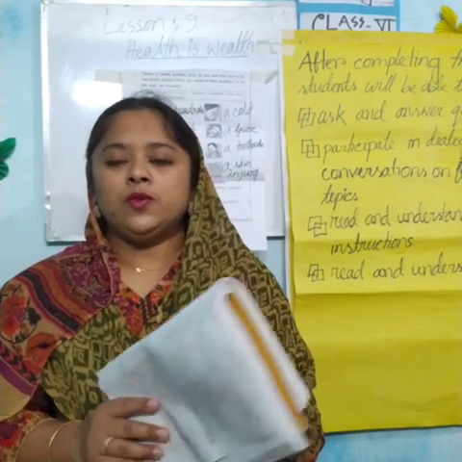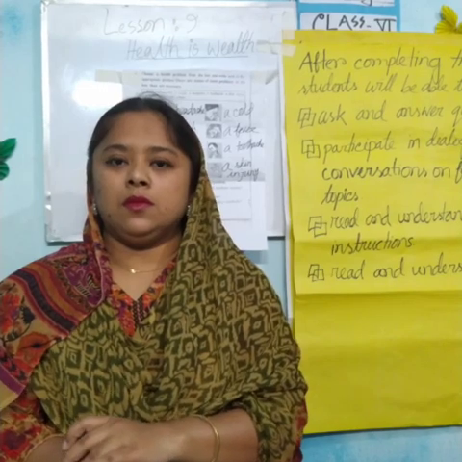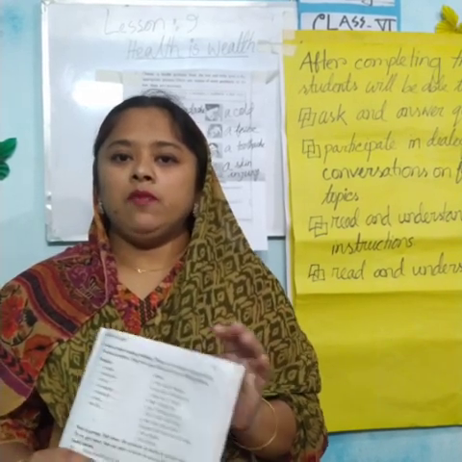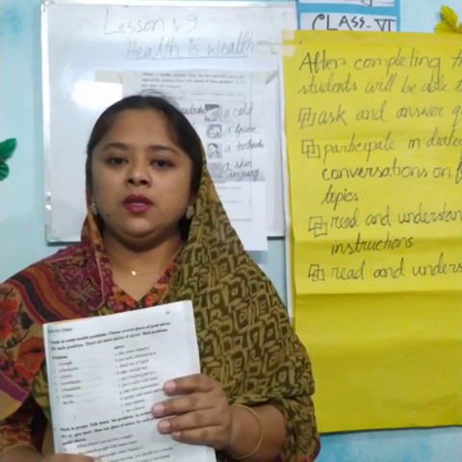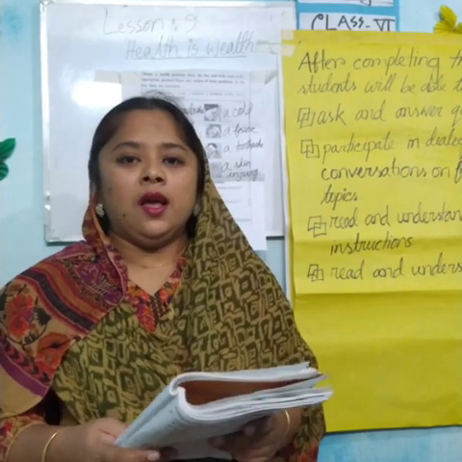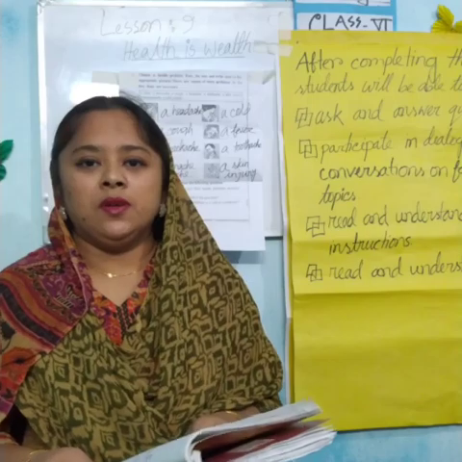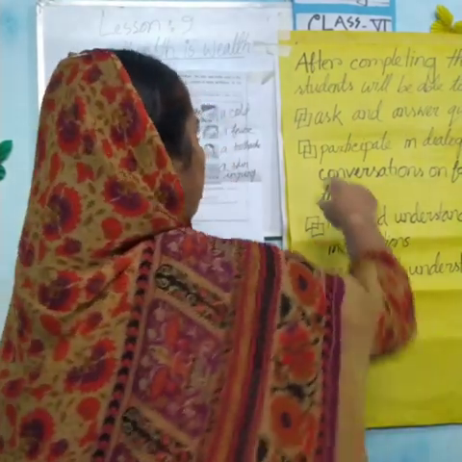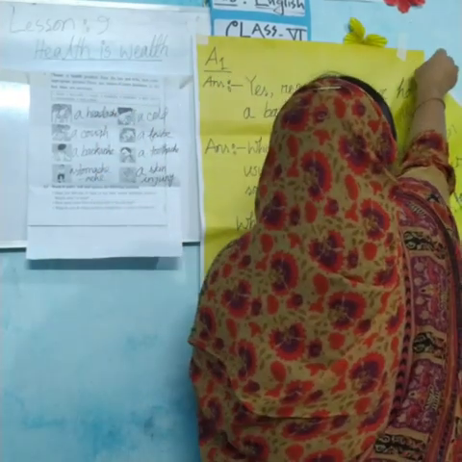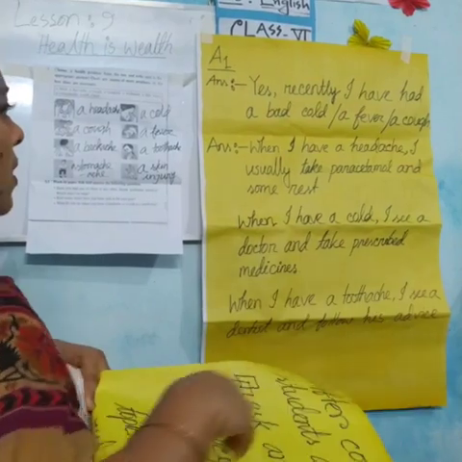So, my dear student, you may complete it with the help of your parents or brothers and sisters. And I will help you by showing you the answer. Here I have written the answer for you.